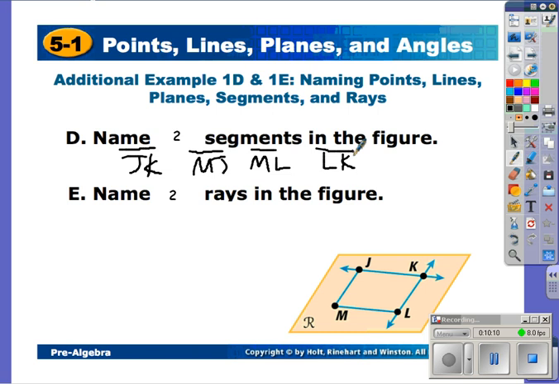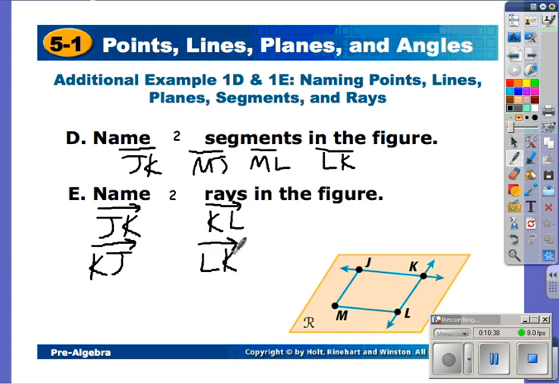Name two rays in the figure. Here you are a little bit more limited. There's quite a few options though. You could have started with J and gone on forever through K. You could have started with K and gone on forever through J. Going backwards there, you could have said K, L, or L, K. Those would have been perfectly acceptable answers.